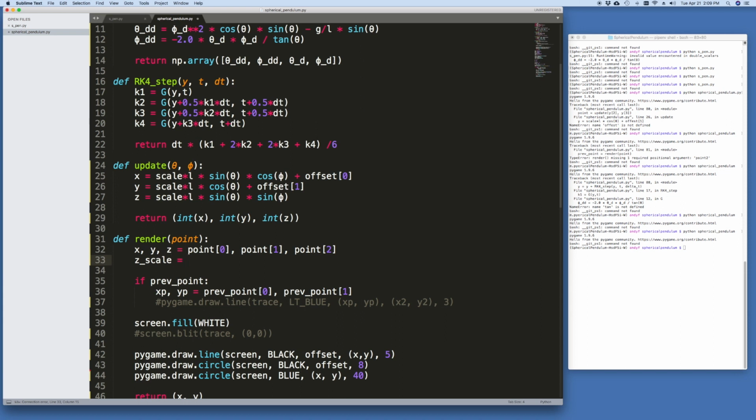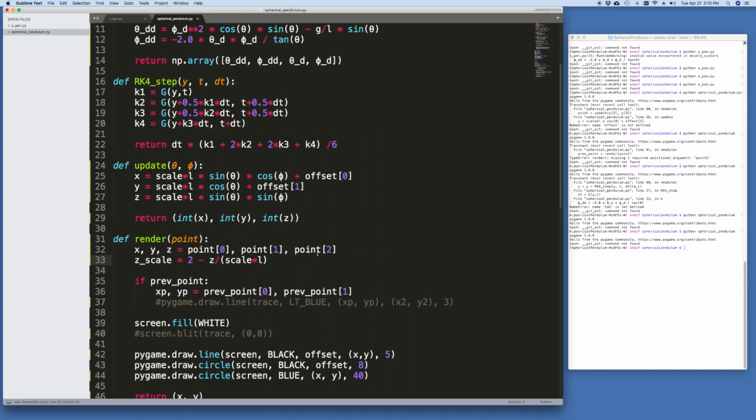And z, we want it to go from -1 to 1, so we need to normalize it by dividing it by L. Well, it's not L because we've scaled L, so it should actually be scale times L. Remember, we've multiplied L by 100, so z is actually a lot bigger. So that will make z between -1 and +1. We want to add 2 and subtract 2 minus.